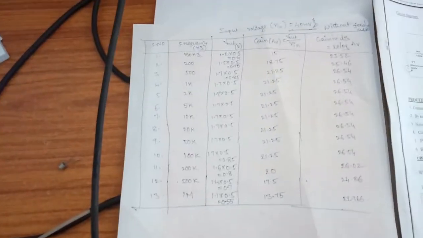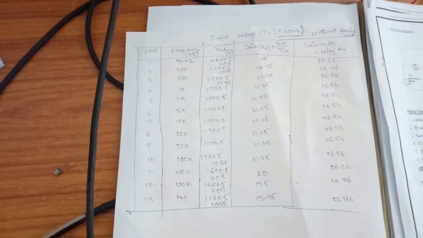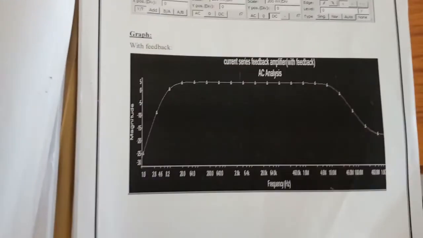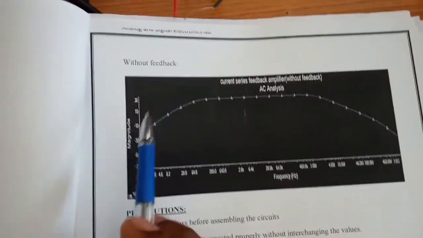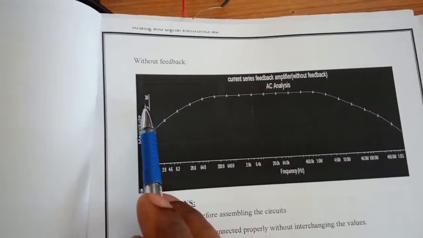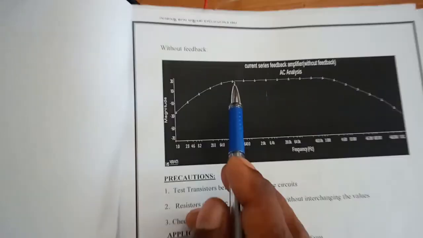If you plot this graph, the response increases and then stays constant. These are the positive values. The maximum value here is 30, but the amplification factor we are getting is 21.25.